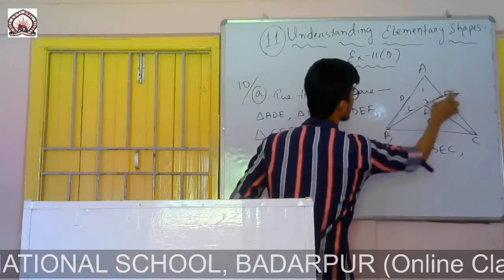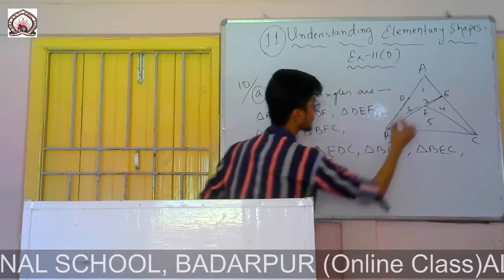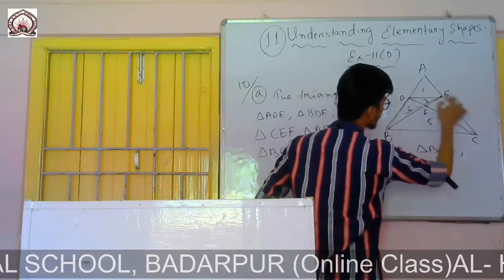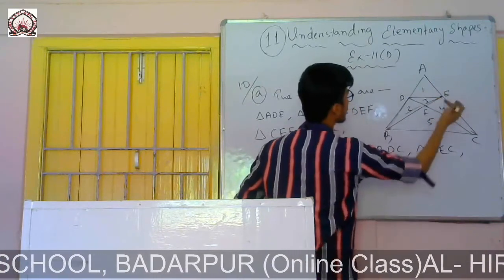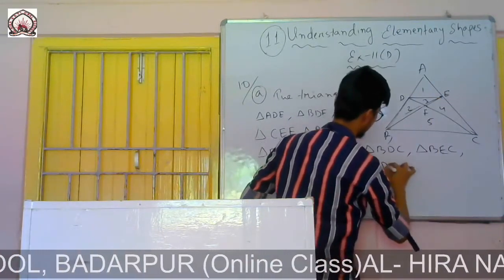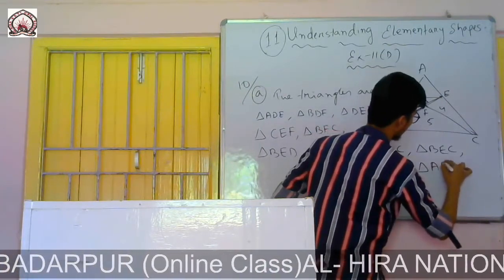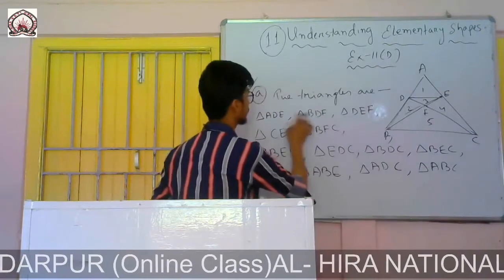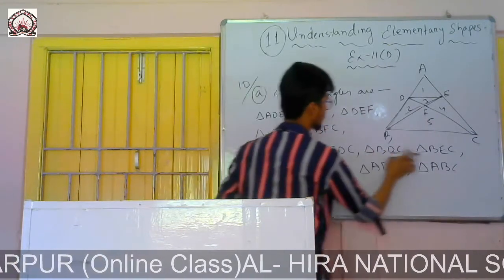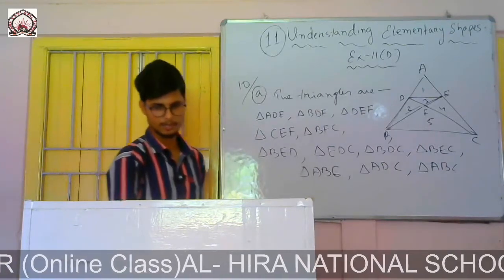Triangle ABE, two left, triangle ABE. Then this one will also form 1, 3 and 4 at a time, triangle ADC. And the last one, this one will be triangle ABC. Now you count. 1, 2, 3, 4, 5, 6, 7, 8, 9, 10, 11, 12. So how many triangles? 12 triangles. So answer will be 12.